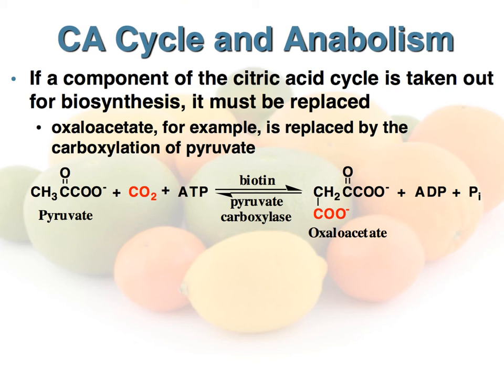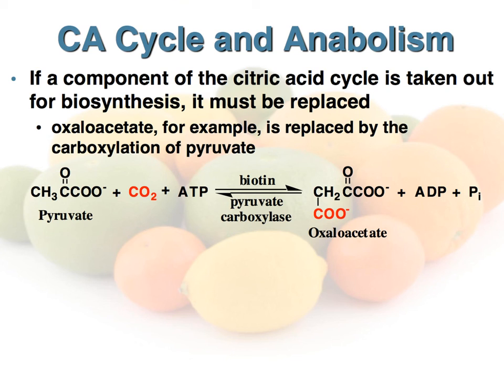You can imagine that there are ways, and sometimes we call them shunts, to get around parts of it, because if you take something out of the citric acid cycle, you've got to be able to replace it. As we've already seen, there are multiple ways to feed back into it. Okay, and so this is just one of the ways. This is pyruvate carboxylase. Just to show you from before.